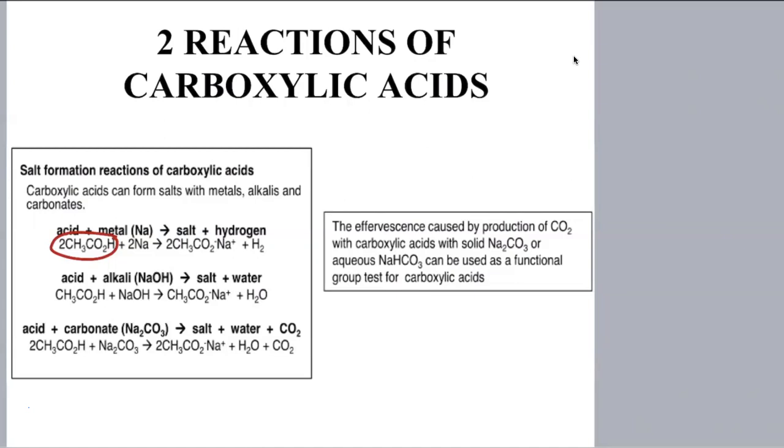The box here says that the effervescence caused by the production of CO2 can be used as a functional group test for carboxylic acids. For a reaction in organic chemistry, whenever you can see an observation, whether it's a gas being produced, which you can test for, or any color change, this reaction can be used as an identification test.